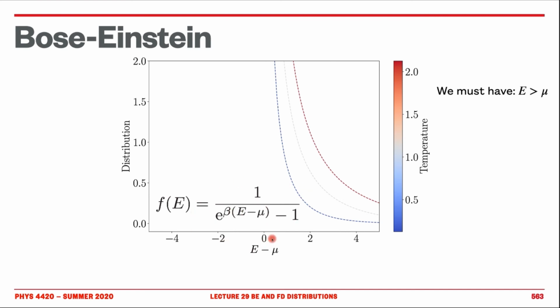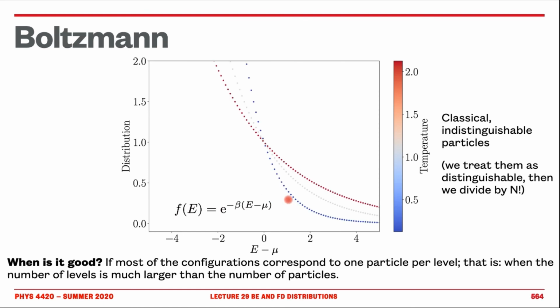The consequence of this is very important, because even though there is only a sign change, you will see a big difference between the Bose-Einstein and the Fermi-Dirac distributions. It's a good idea to go back to Boltzmann. The Boltzmann was this purely classical view of things.